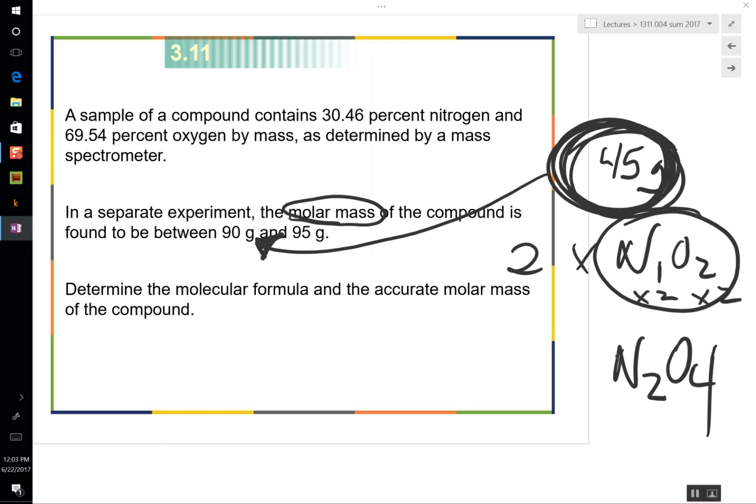So an empirical formula is just the lowest integer ratio of the elements in that compound. The molecular formula is the actual ratio of elements in that molecule. The actual.